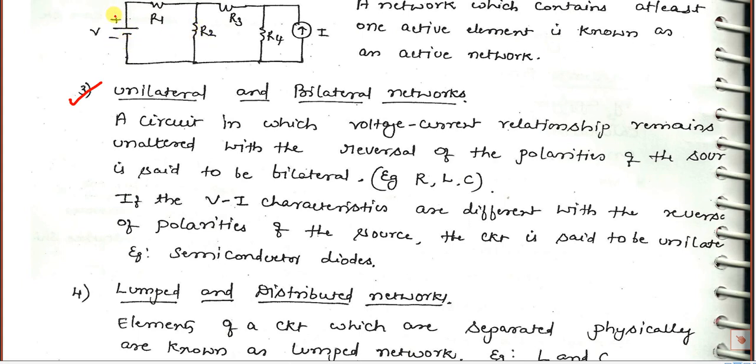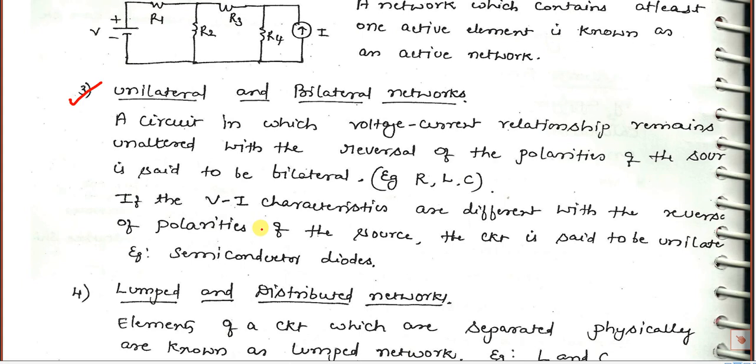If I reverse the battery, minus here, plus here, then the current in R2 becomes the opposite. For example, if 2 amps is coming, then minus 2 will come. Then that is called bilateral. A circuit for which the current-voltage relationship remains unaltered, only the polarity will change. Plus current becomes minus or minus becomes plus. Its magnitude will remain the same. Only polarity is going to change.